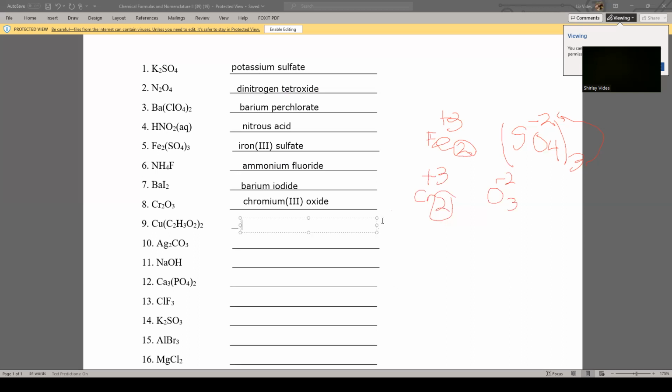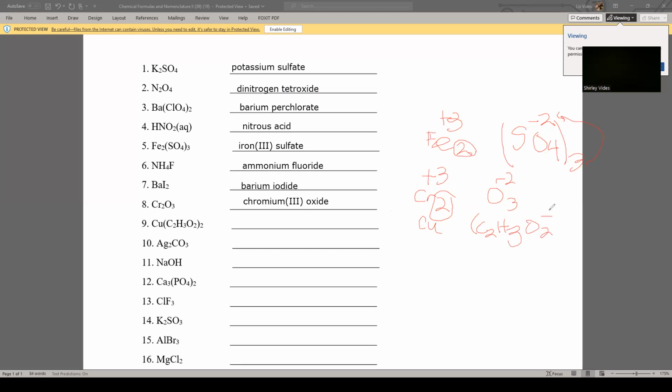Okay, how do we know this one? Again, this is another one of those. So we need to decompose it again. We need copper. And there's nothing against copper, but there is 2 against this guy. So C2H3O2 is acetate. If we look at acetate, O2, we know that it's a negative, right?